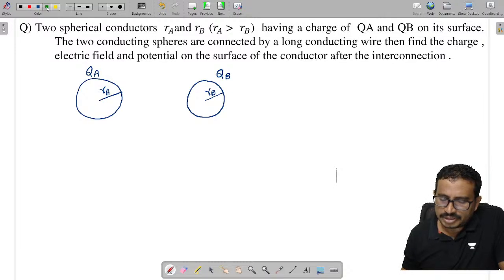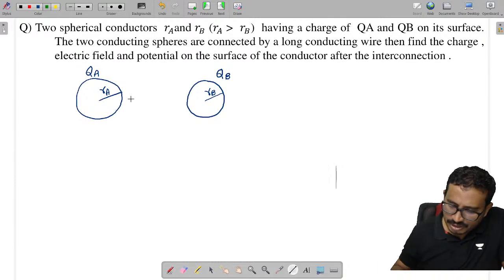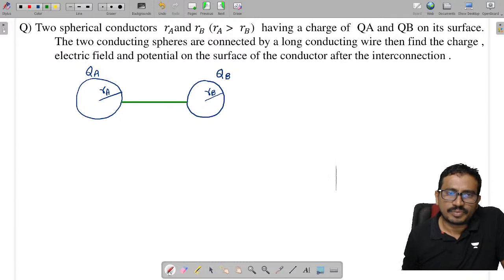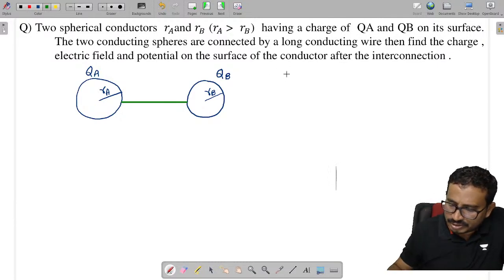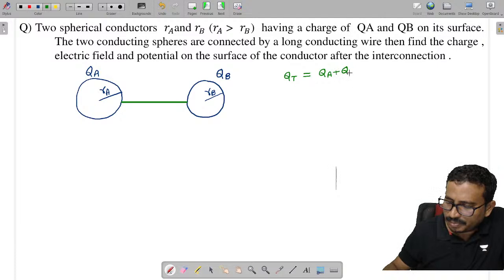The two conducting spheres are connected by a long conducting wire, like this. Before the connection, if I call the total charge QT, it is QA plus QB.